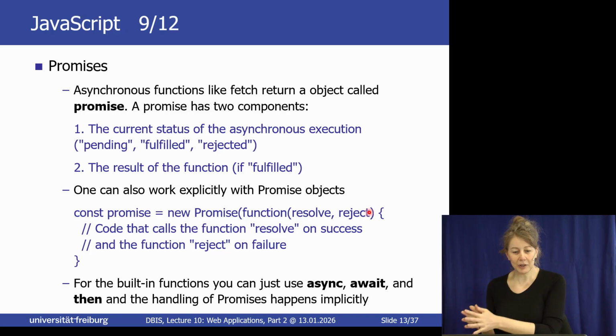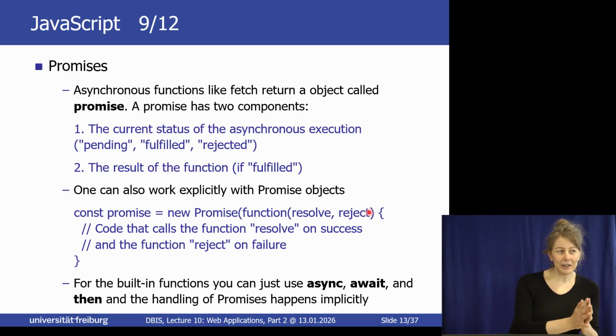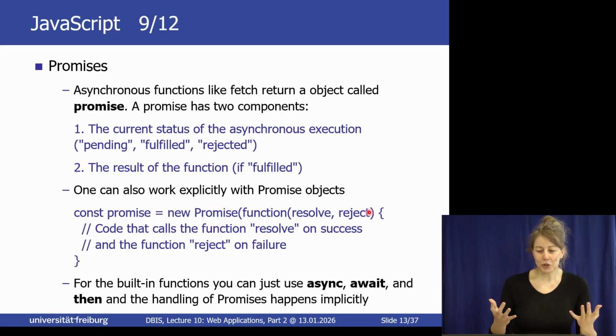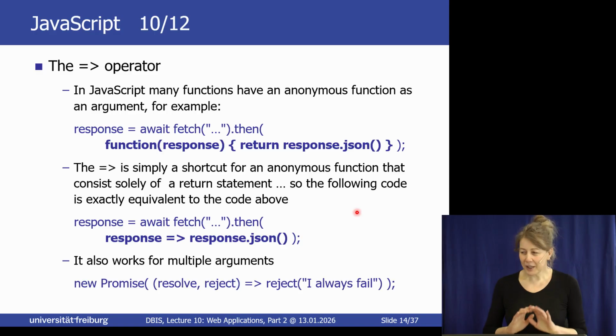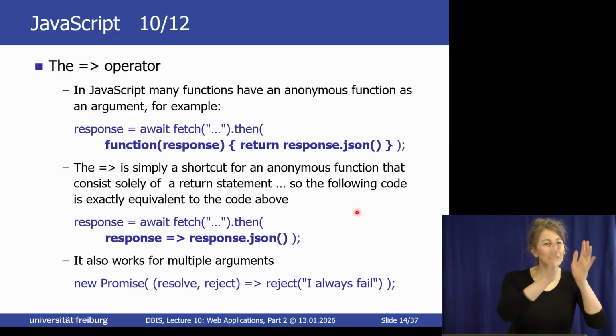That's actually how you implement this asynchronous behavior. You get something back immediately, and what you get back has functions in it, and these functions are called when something happens. Right? So you get this object, there are functions in there which are then called when either this succeeded or it didn't succeed. I think that's it before the break. Any questions before the break?